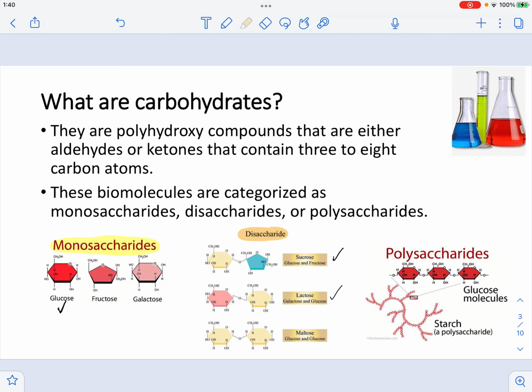Lastly, when it comes to the polysaccharides, we're only going to be observing what the chemical tests are doing in order for us to identify starch, which is a polysaccharide that contains many glucose subunits.